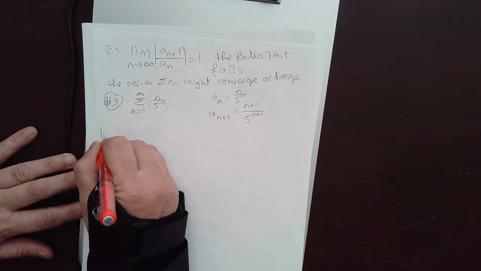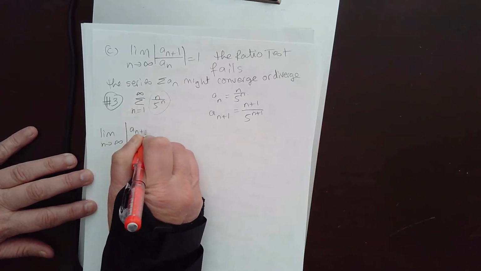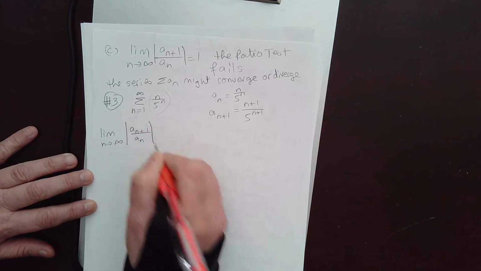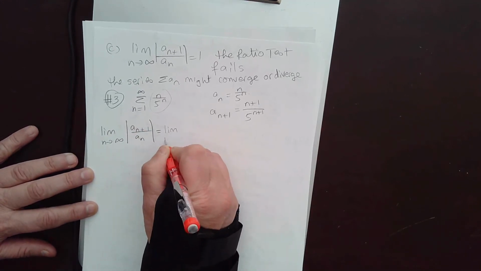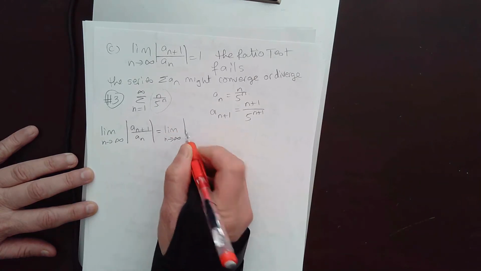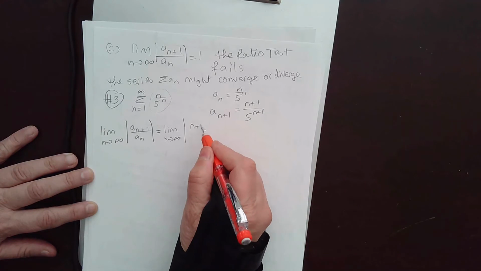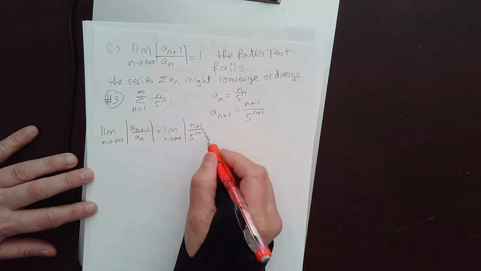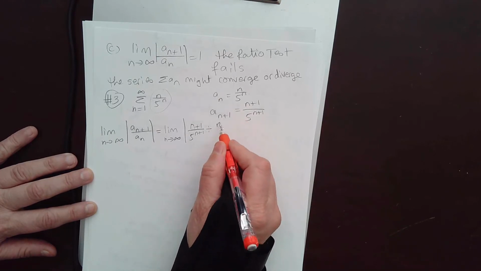We got the limit as n approaches infinity of a_(n+1) over a_n is equal to the limit as n approaches infinity, this is a_(n+1), so (n plus 1) over 5 to the n plus 1, divided by a_n, which is n over 5 to the n.